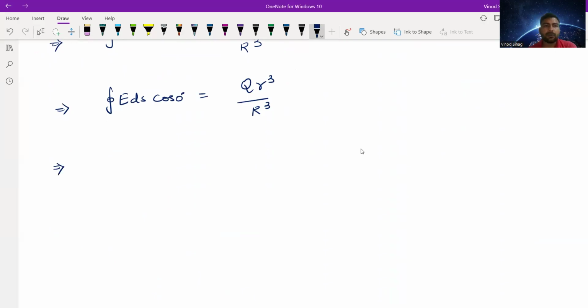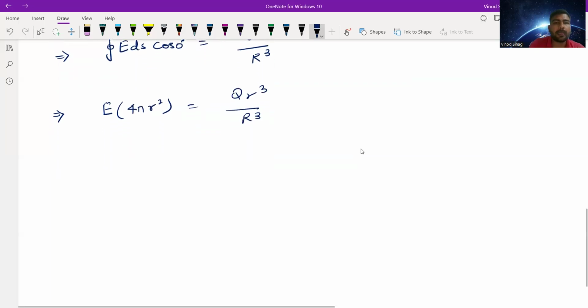Now, since cos 0 is 1, and E dot ds will give us the value E into the integration over ds, which gives the surface area of the smaller sphere. So it will be 4 pi r square and equivalent to q r cube upon R cube.